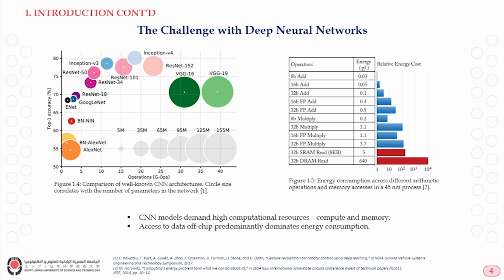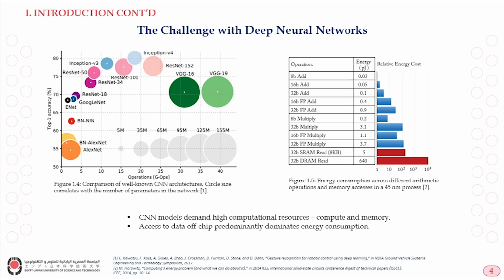Figure 1.5 illustrates the energy requirements for particular operations. When you analyze this figure, you will realize that the bottleneck, what predominates the energy consumption in this application, is the reading of data from external memory.